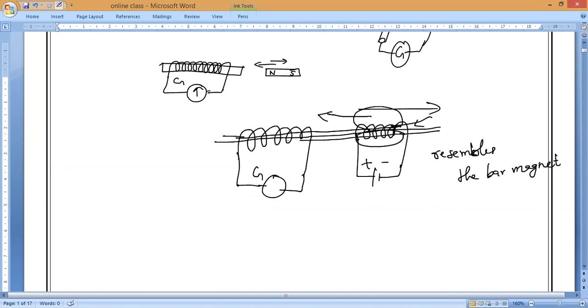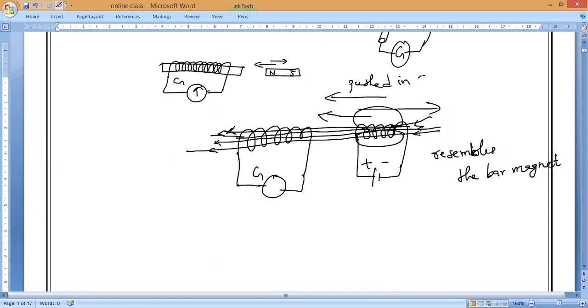This is what we studied in the last class. Because of the change in magnetic field around the first coil, current will be induced in the second coil also. When the change in magnetic field happens in the first coil, the change in magnetic field also happens in the second coil. So when it is coming forward, always remember, pushed in, the force is more.